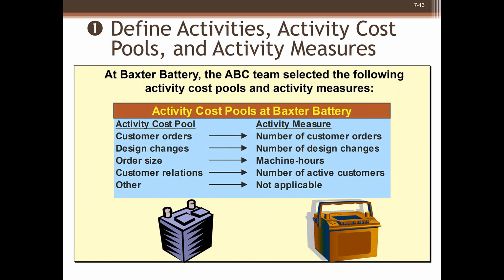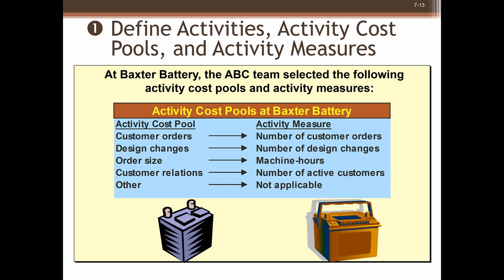Now let's take a look at the steps to implement ABC. Step 1. Define activities, activity cost pools, and activity measures. Normally in a company, the activities are identified by interviewing employees who work in overhead departments.